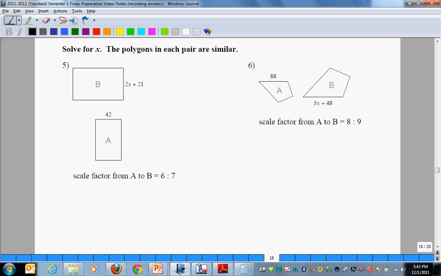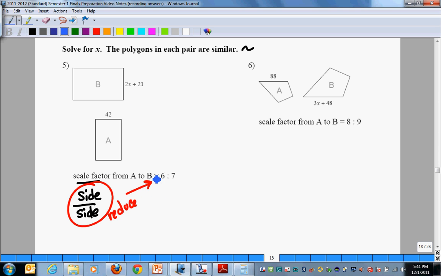Again, the polygons are similar. And we're given the scale factor. The scale factor is the ratio of the sides reduced. Scale factor is when you take any two sides and you reduce it. That is going to be considered the scale factor.